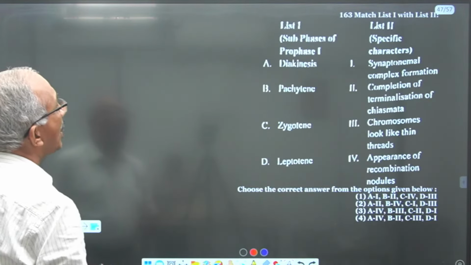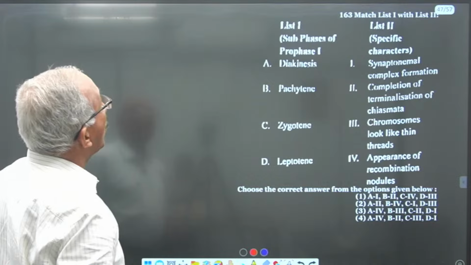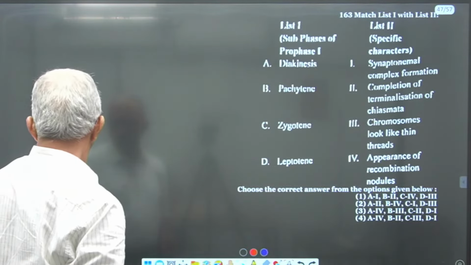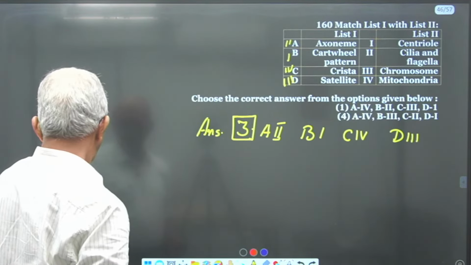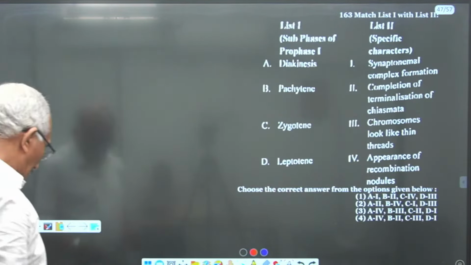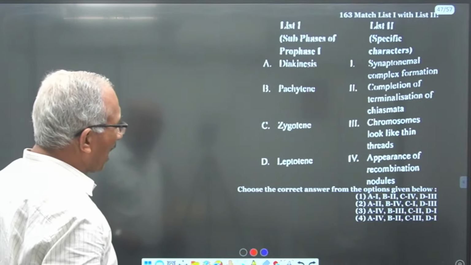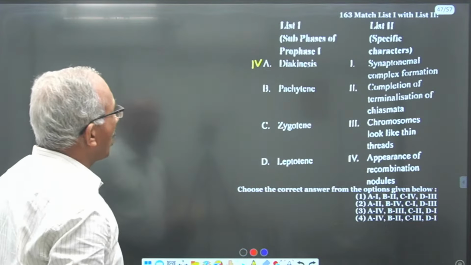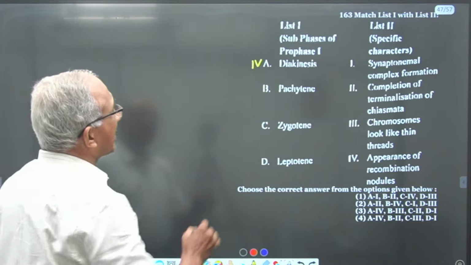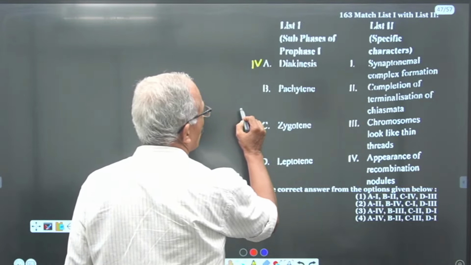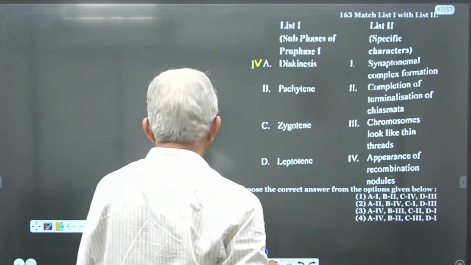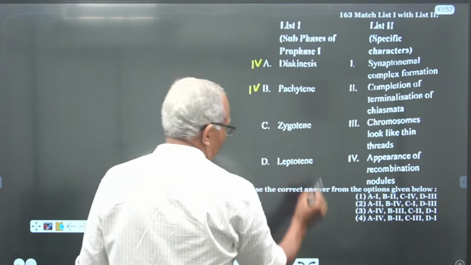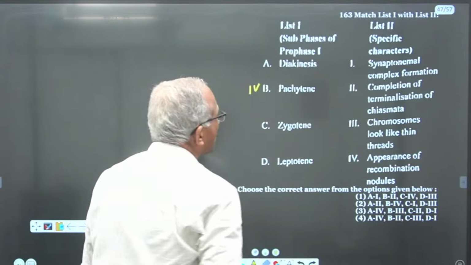Next. 163. Then diakinesis can be matched with 4.